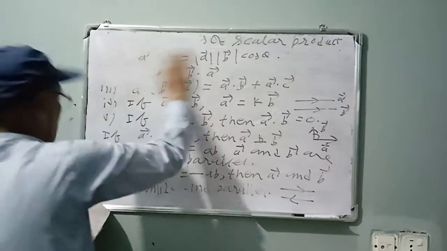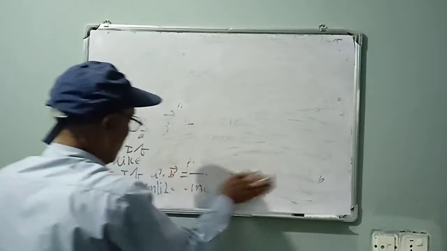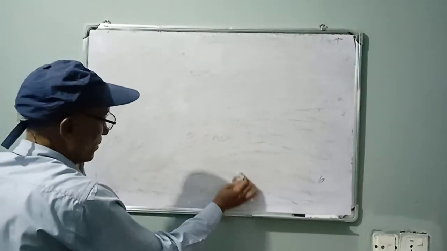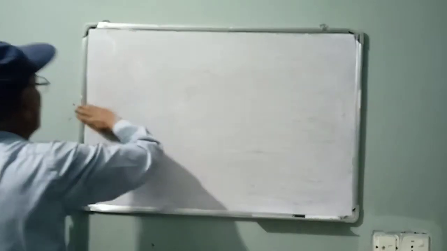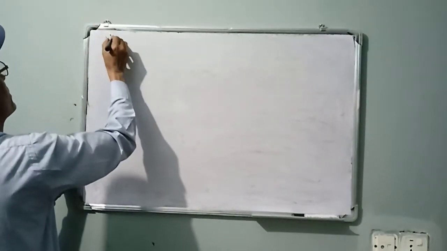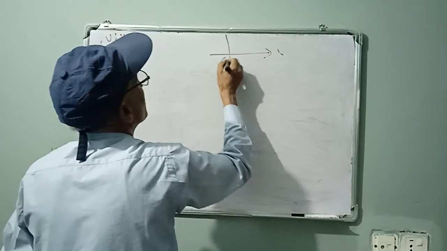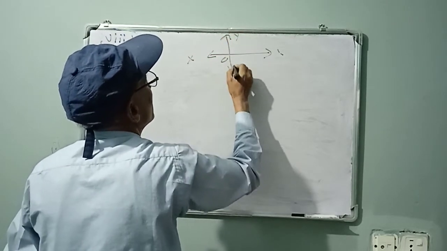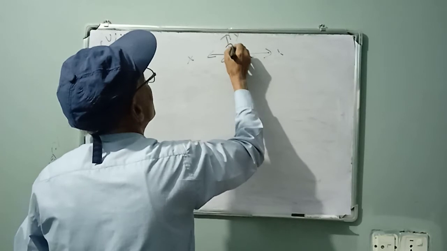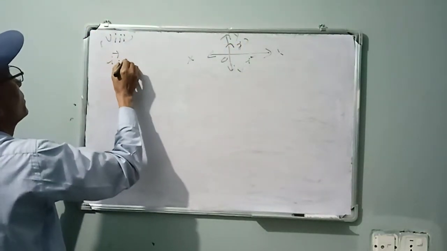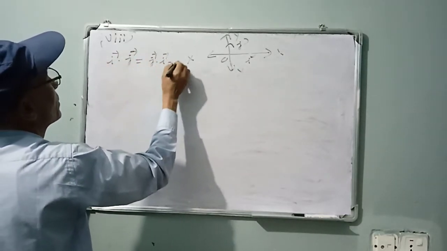Another, property number 8. For two directions, x axis and y axis, with unit vectors i and j: vector i dot j equals vector j dot i equals 0.